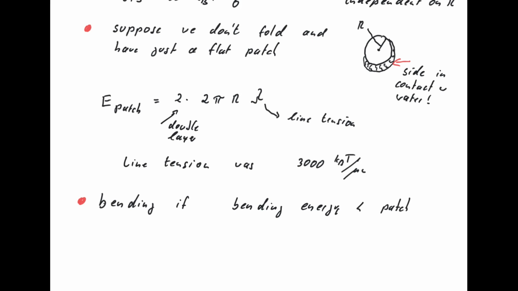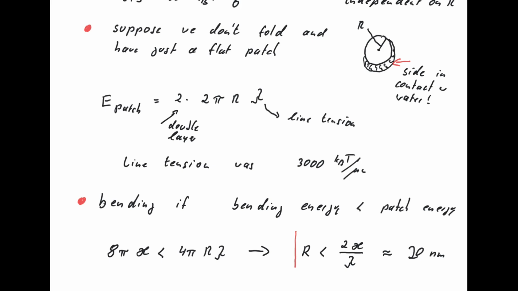So we found that the bending energy is independent of the radius. It's 8 pi kappa. And that has to be smaller than the line tension energy that we describe here, which is 4 pi r lambda. Now, solving for the radius, we obtain that r has to be larger than 2 kappa divided by lambda, being about 20 nanometer for the values that we calculated.